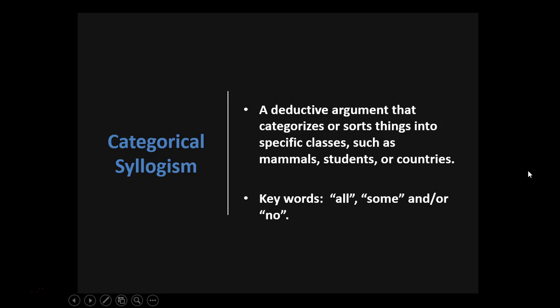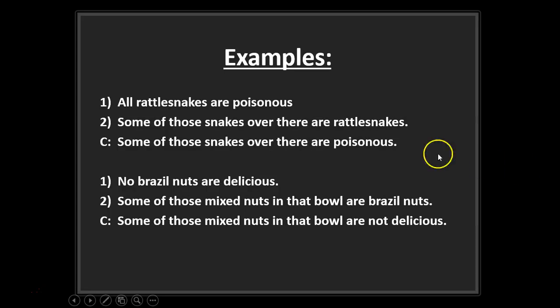They have a rhythm. So for example, all rattlesnakes are poisonous, and some of those snakes over there are rattlesnakes. Therefore, some of those snakes over there are poisonous. Notice the all, some, and some, right? Notice also these things have patterns, these syllogisms, and categorical syllogism is one of them.